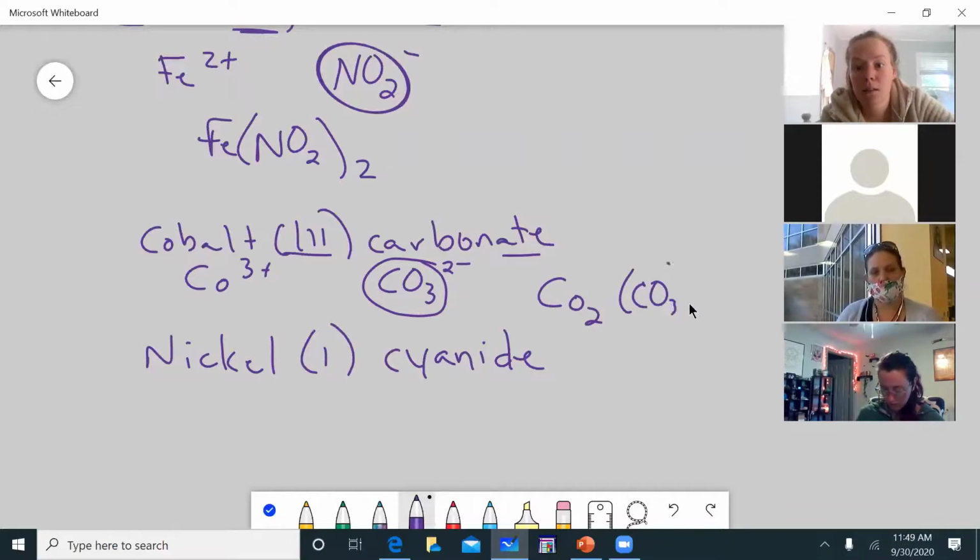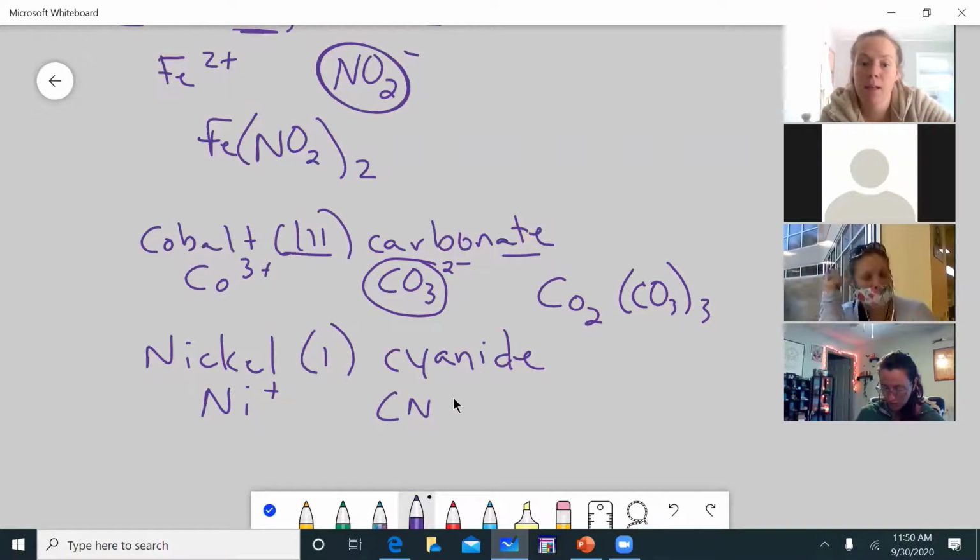Carbonate, I should have 3 of them. Nickel 1 cyanide, so nickel, Ni, in this case has a +1 charge. Cyanide is a polyatomic ion with a minus charge. 1 to 1, flip-flop, it'll be NiCN. That looks weird to me, but that is what it is, in fact.